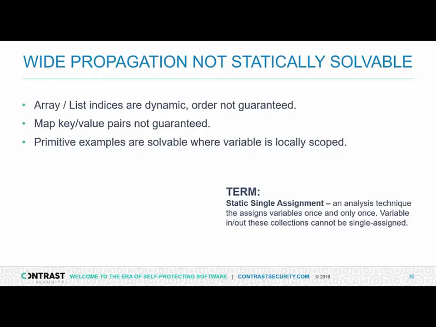But the problem is that when something goes into a map and something else comes out of a map, and a map is a bulk data structure, you can't do static single assignment because there's no definition of what is static. The map is static, but the things that go in and come out are not. So you're not able to do this level of optimization here in order to help you track.